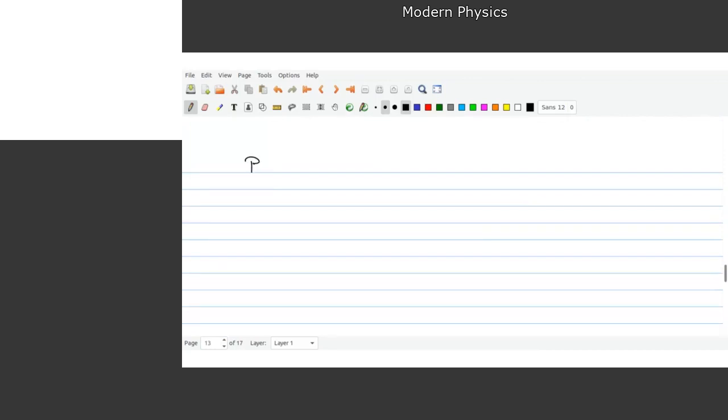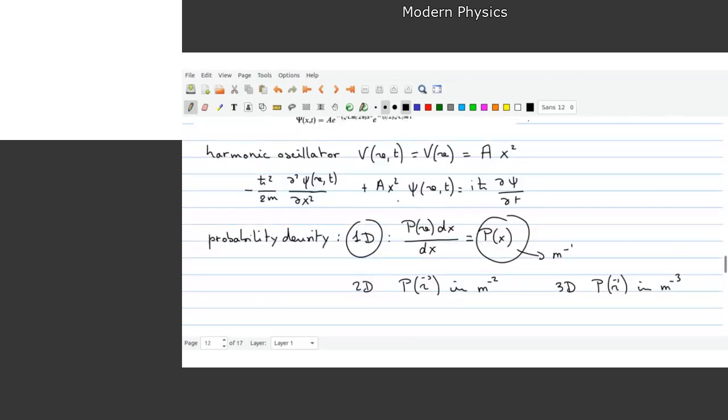And so you will have P of X, which will be equal to the square modulus of the function. So you have to square this function.